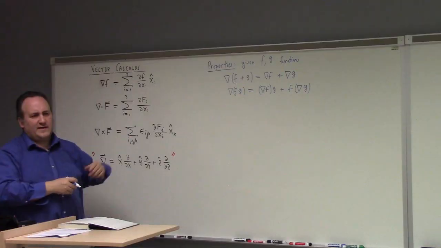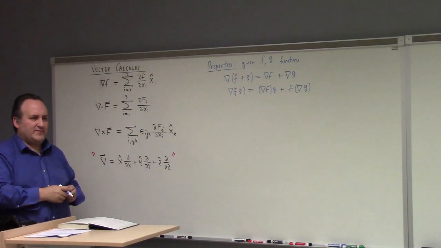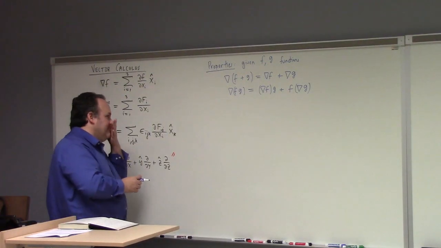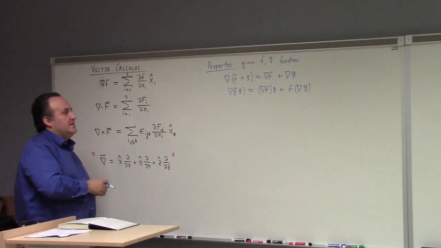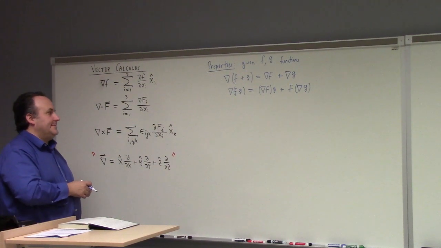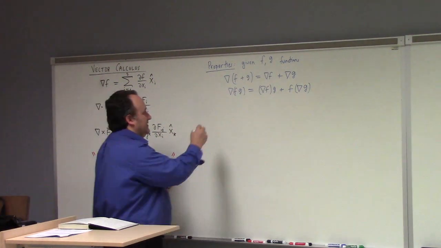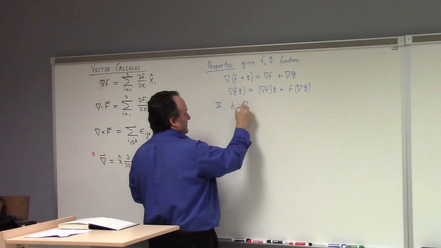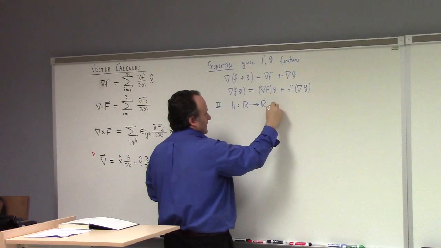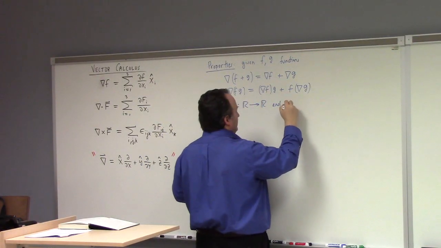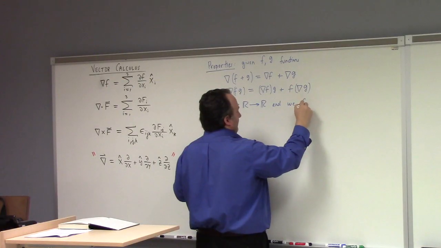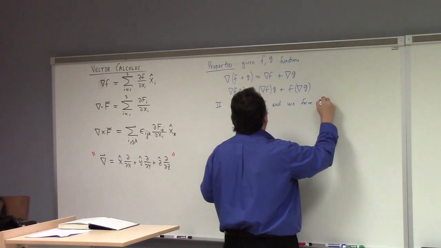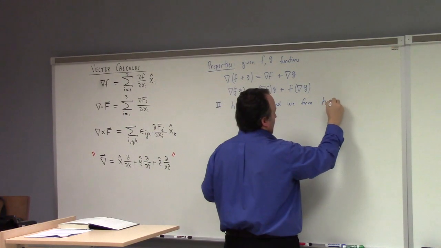We even, in the homework, I think I gave you guys, oh wait a minute, I may be thinking of another class. There's a quotient rule for gradients too if you want, all right? But I never use that, so I'm not going to write it down. More importantly, if h is a function from the reals to the reals, and we form h composed with f, that would make sense, right?